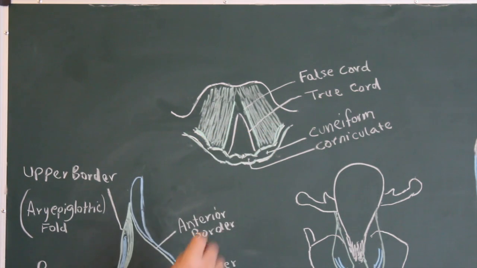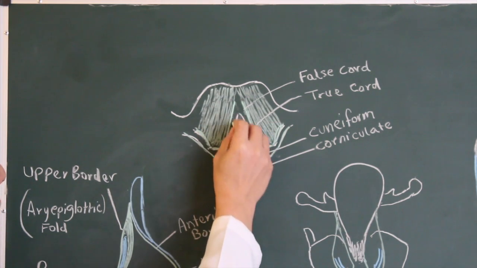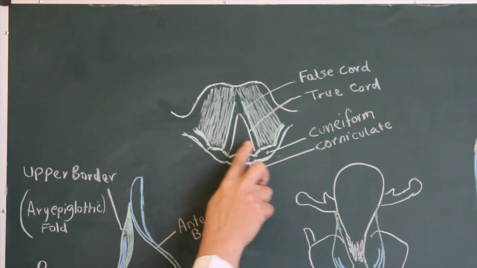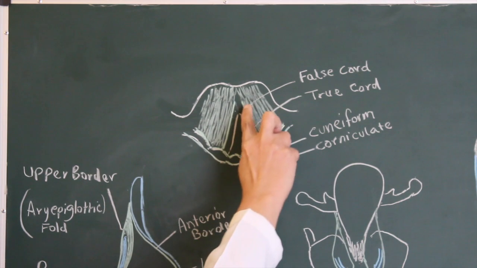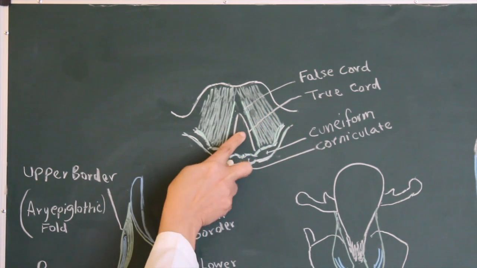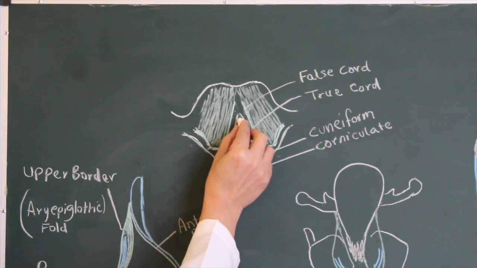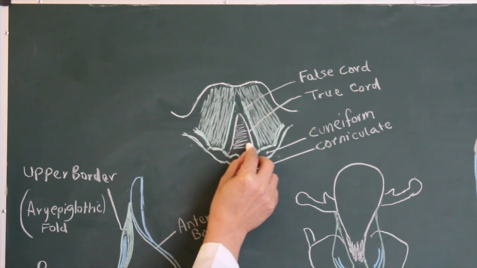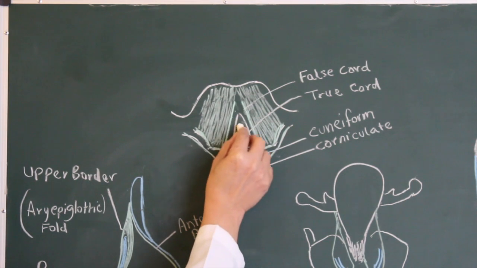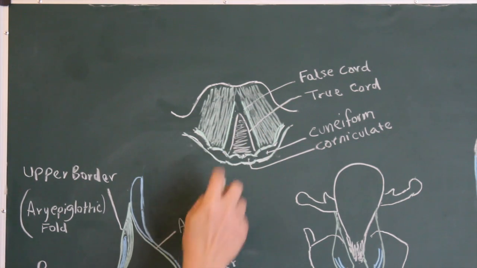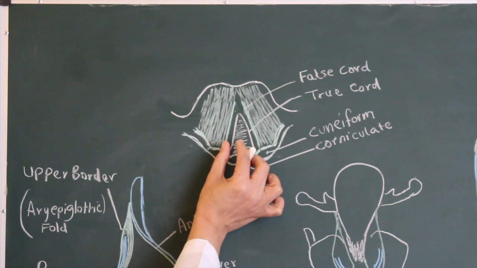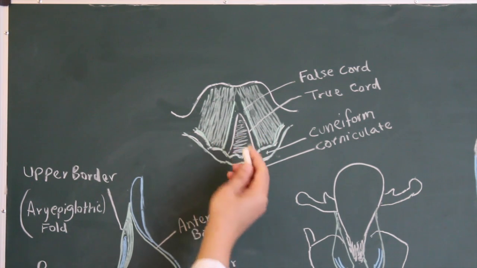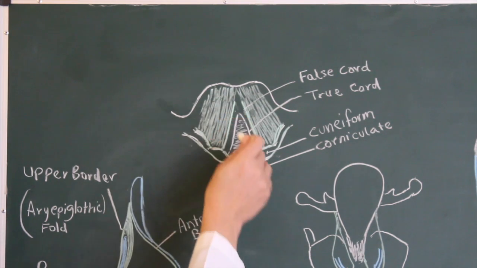epiglottis. So what I want to show you, these are the true vocal cords, and these are the ventricles, the gap between the false vocal cord and the true vocal cord. This region is visible when you ask your patient to breathe, the vocal cords will be abducting, and will be showing you the inside of the larynx.